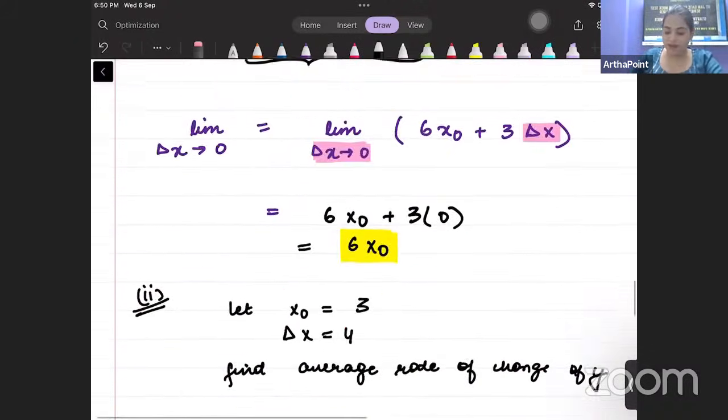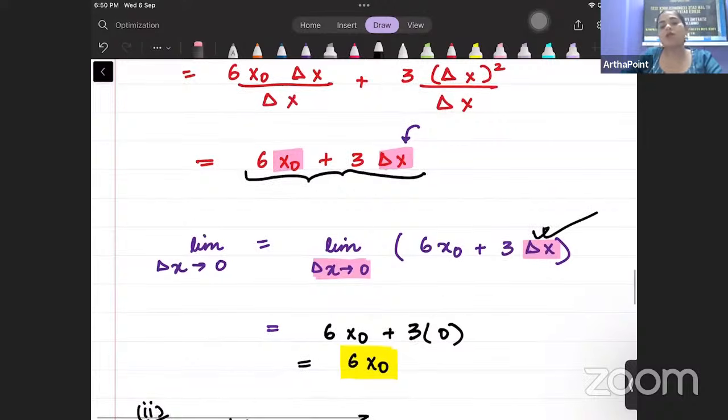I hope this is clear to you. We have done it in multiple steps.